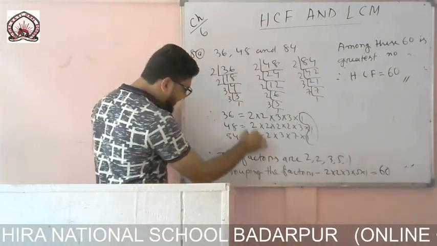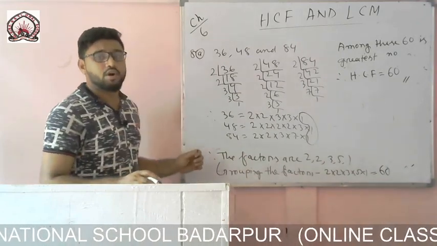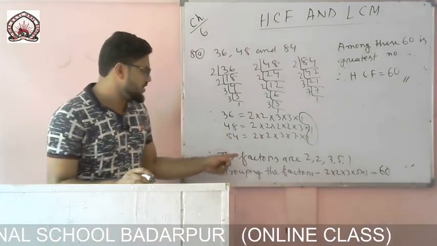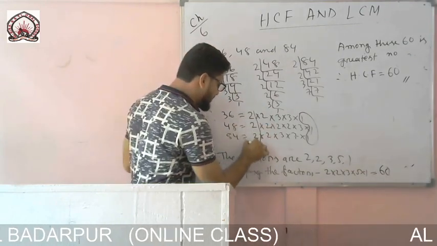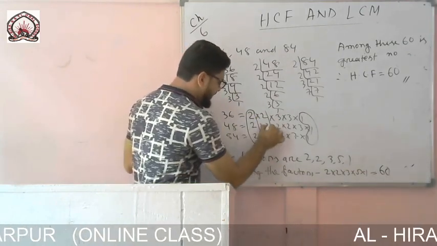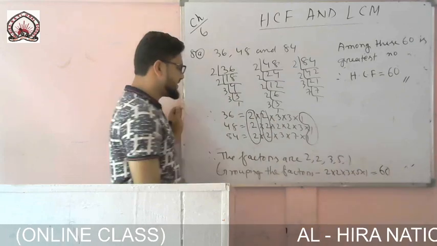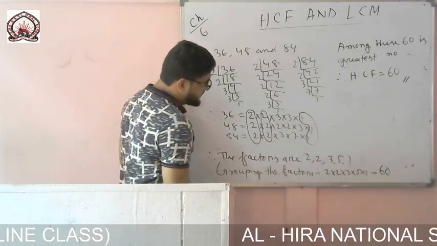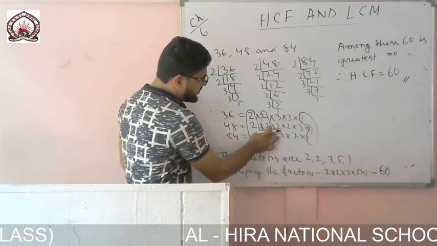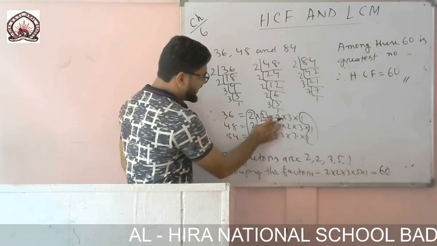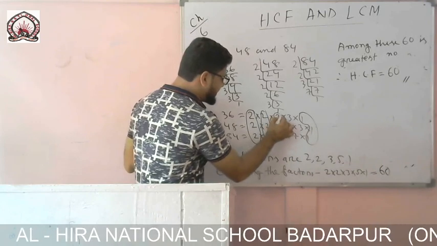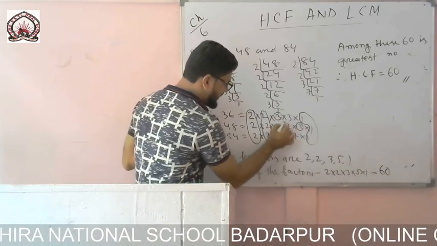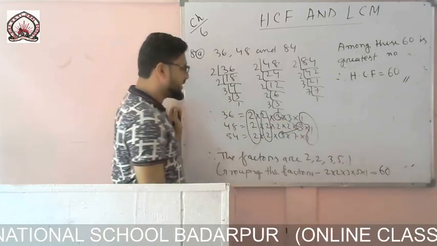Now from these 3 we need to check. Earlier we checked with 2 numbers. Now from these 3 we need to check. So this 2, you see in every case 2 is present. Here you see 2, but there is no 2. 3, 3, 3. So we can take these 3. Okay.